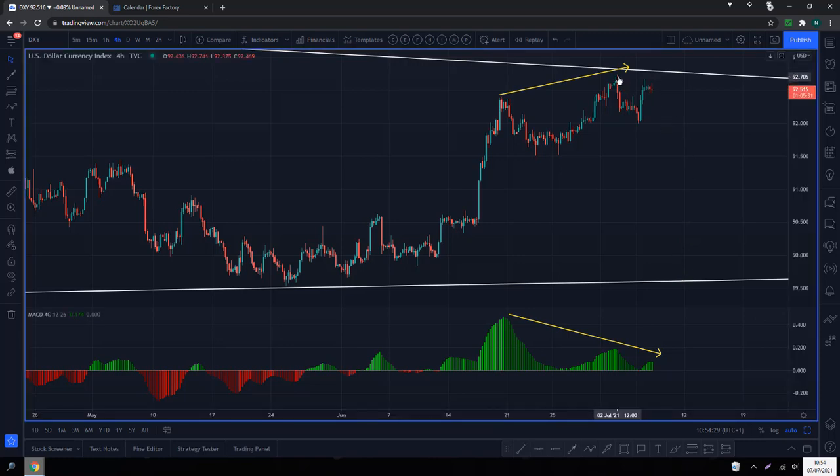Now we haven't broken this high yet, so I can't really say we've had a higher high, but we have a high, lower high, and lower high. We haven't broken that high yet, but the MACD is potentially telling us that this upwards momentum is running out of steam. Okay, that's what it's telling me.